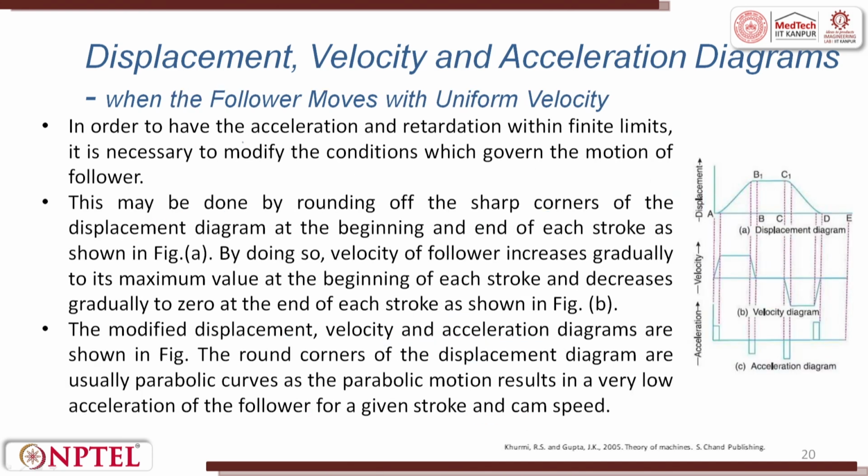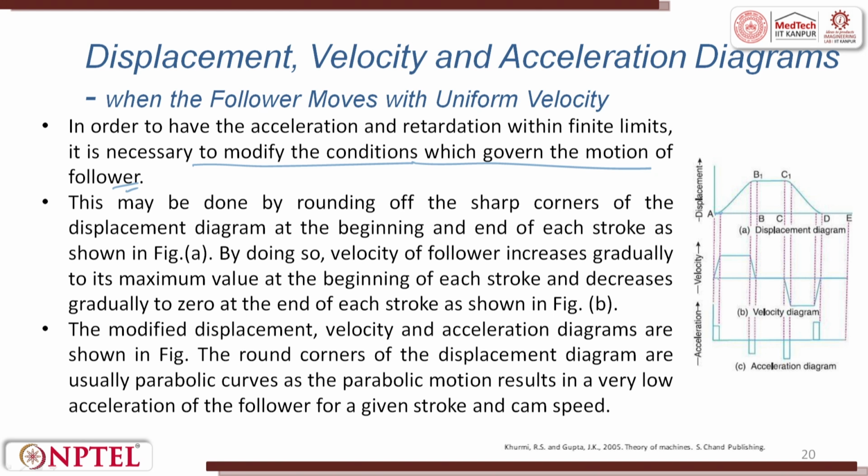In order to have the acceleration and retardation within a finite limit, it is necessary to modify the condition which governs the motion. So, we do not start at A instantaneously, we give something called a small dwell.